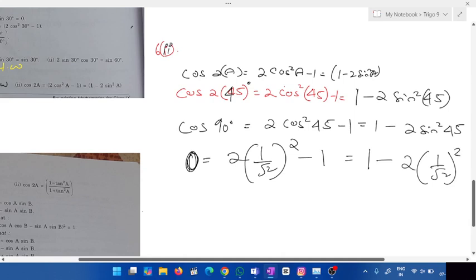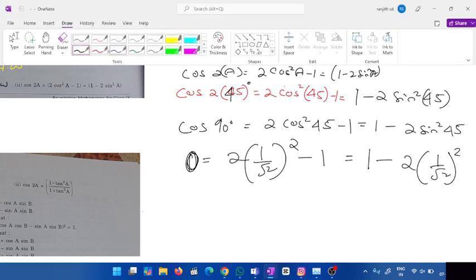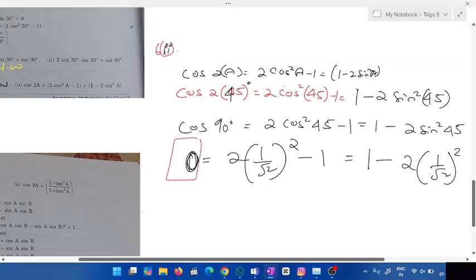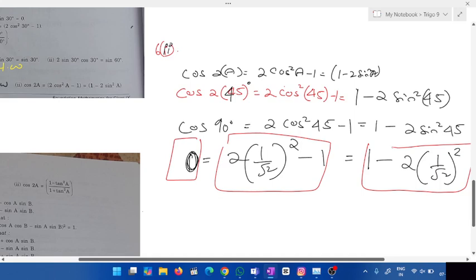Everything is the same except the substitution. A, B, C, they'll give you any alphabet and you have to substitute. There are 3 equations, 3 questions given. All 3 should be equal. Look, 0 is one question, this is one part, and this one. Total, there are 3 questions.